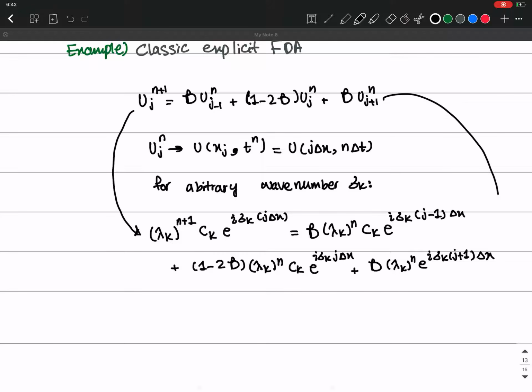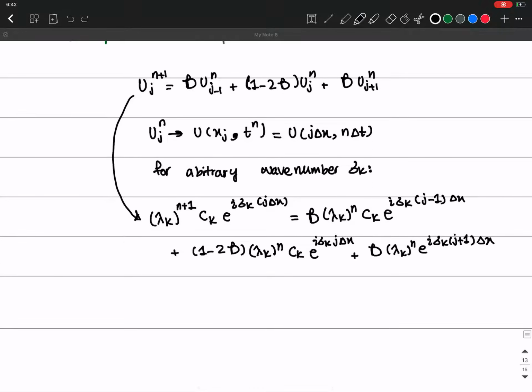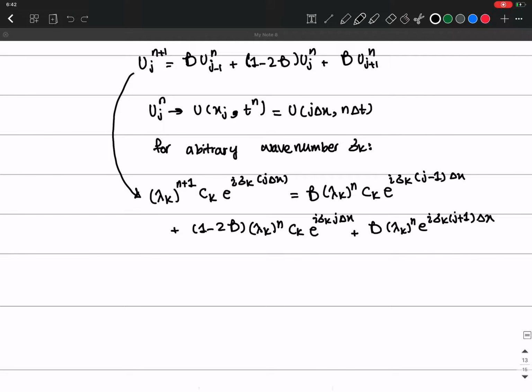So this is exactly this equation which I wrote based on these Fourier terms.